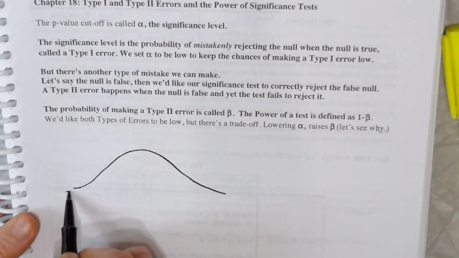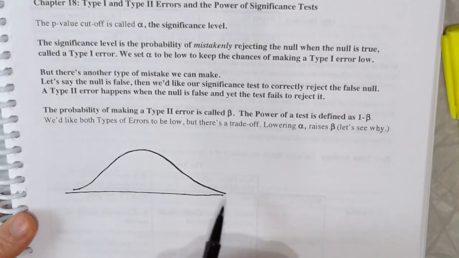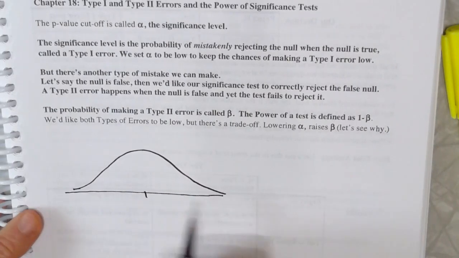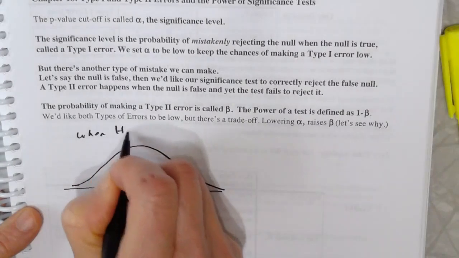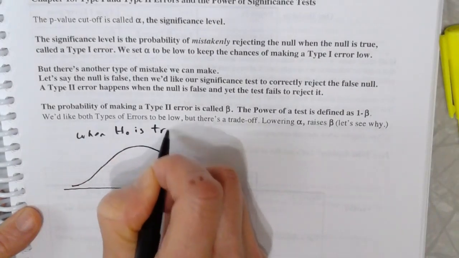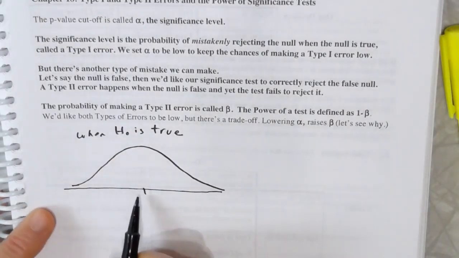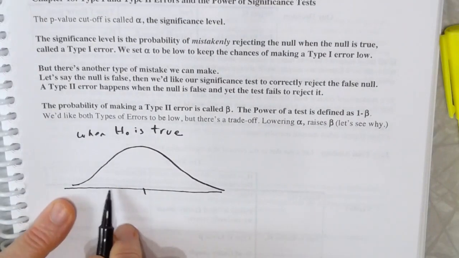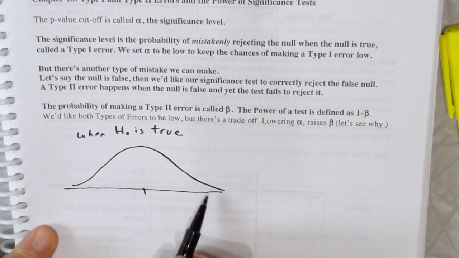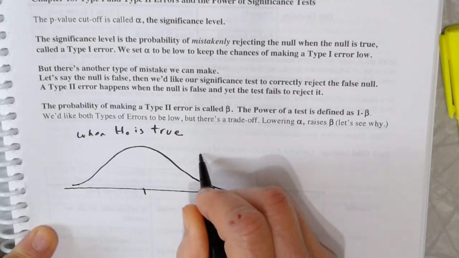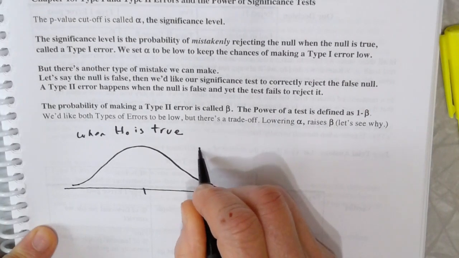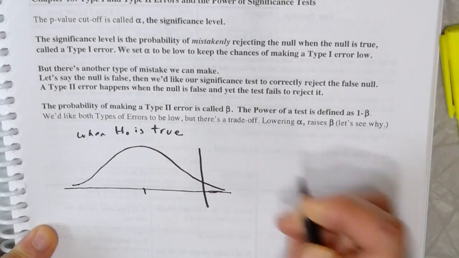At some point, we assume the null is true here. So this is when the null is true. And then we look at the sampling distribution of our test statistic, and we decide at a certain point, usually the null cutoff, we usually say it's 5%.